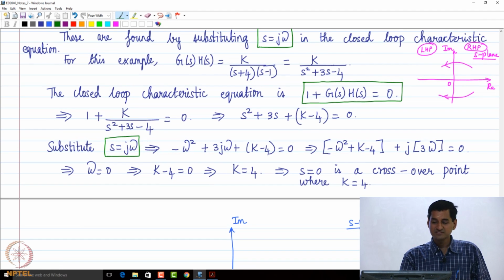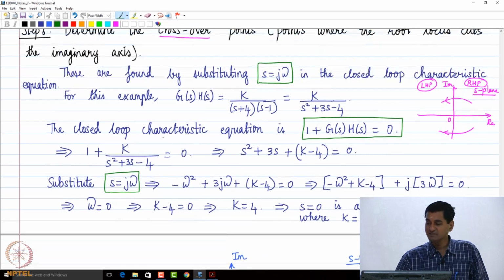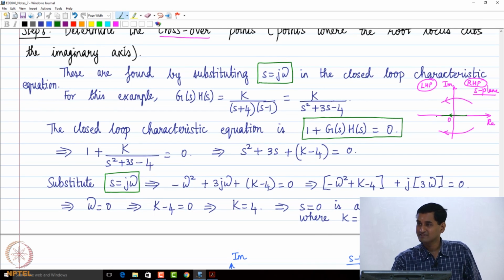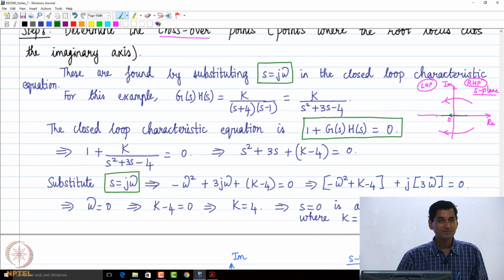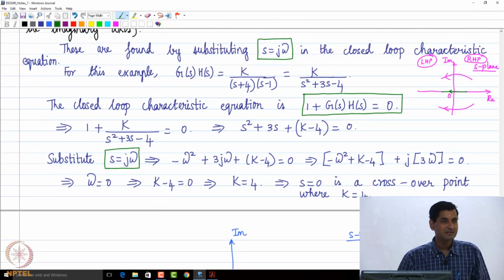So the structure is of the form j omega. Omega can be 0 because we can also have the crossover point at the origin, right? For example, we can have a crossover happening from the positive real axis to the negative real axis and vice versa. You can have crossover on the real axis also, right?